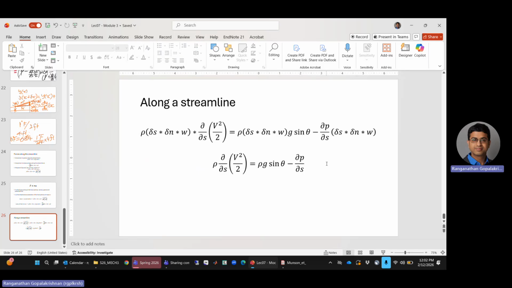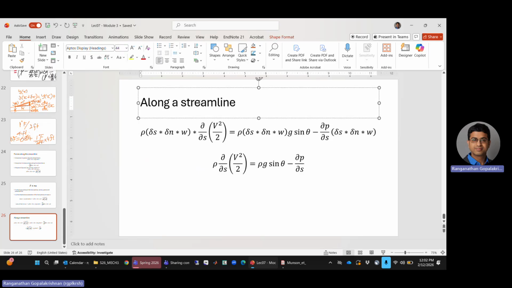This is the force balance along a streamline.